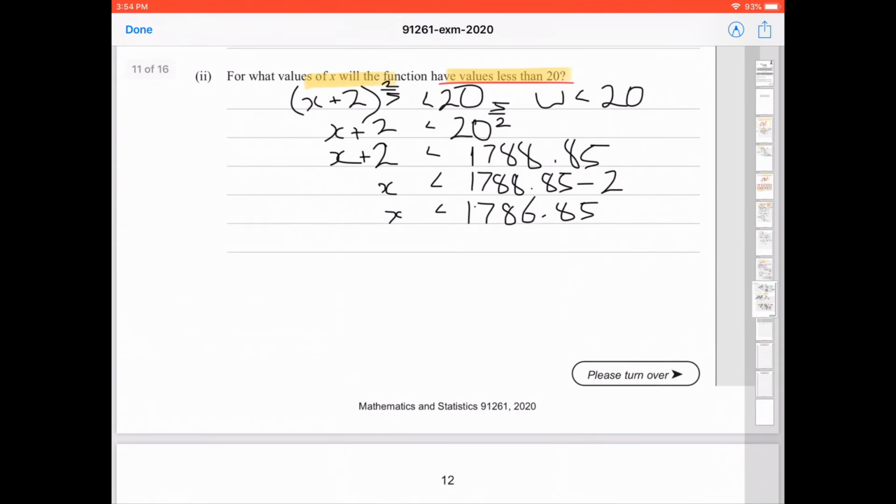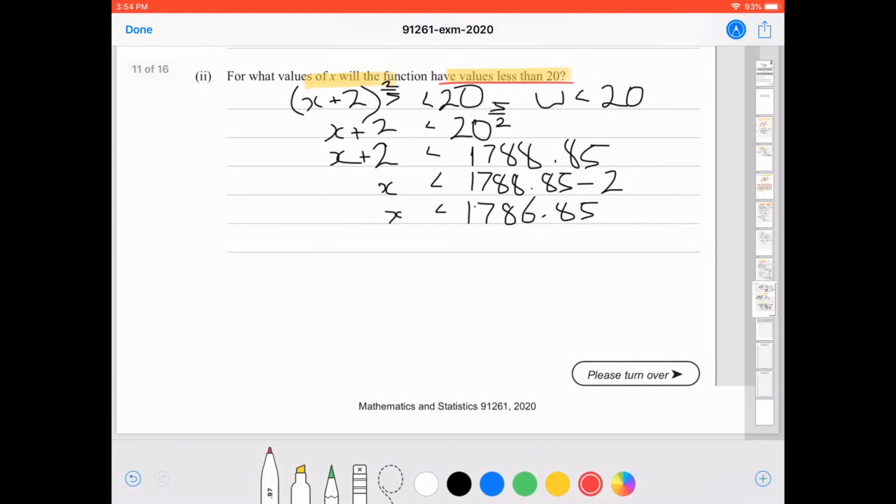We have to say x must be less than, now you might be inclined to say 1786, but if we say x is less than 1787, then we have included 1786. It'll be all those whole numbers below or less than 1787.